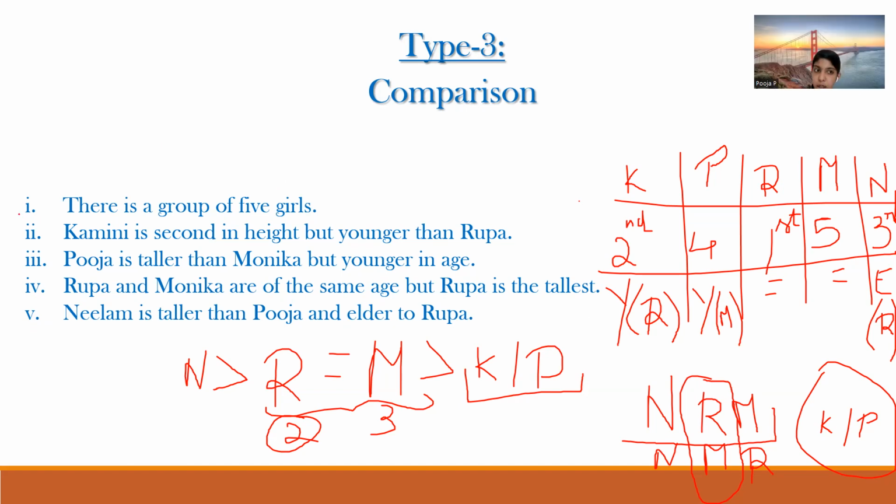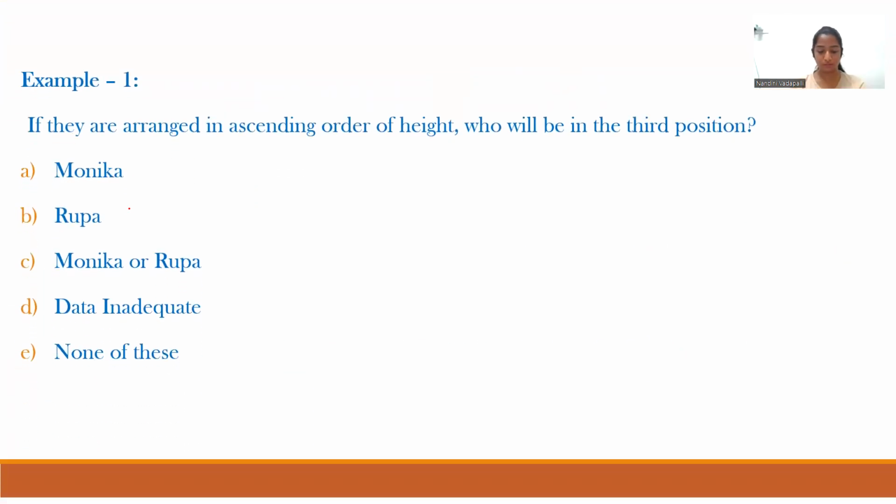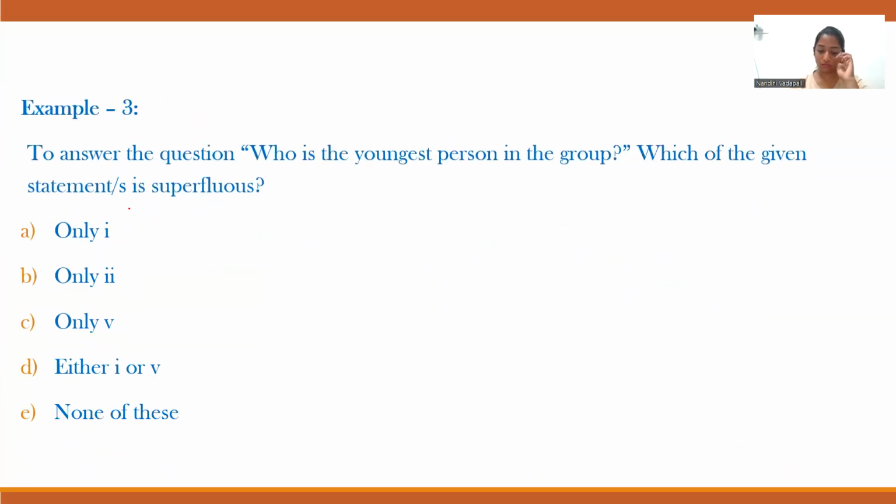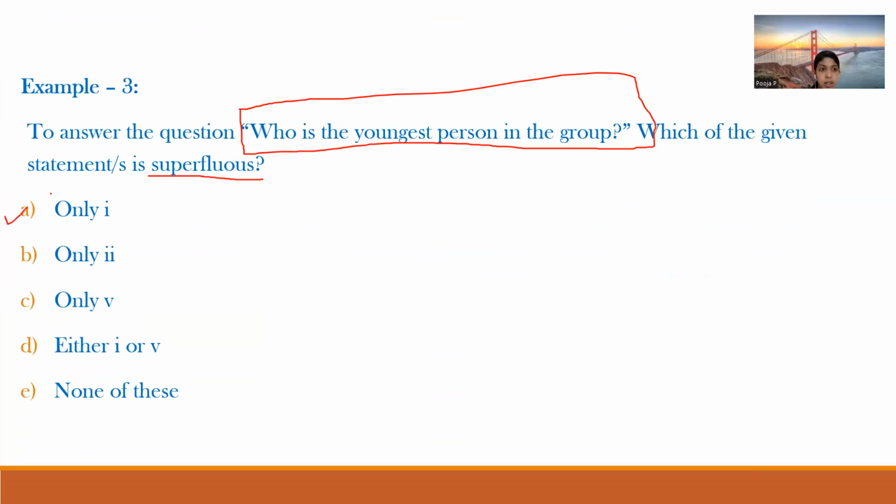Right. Which statement is superfluous or not necessary? Statement 1. Correct. So how about others? You've landed up in the same answer? Yes, ma'am. Okay. So the correct answer is only statement 1.